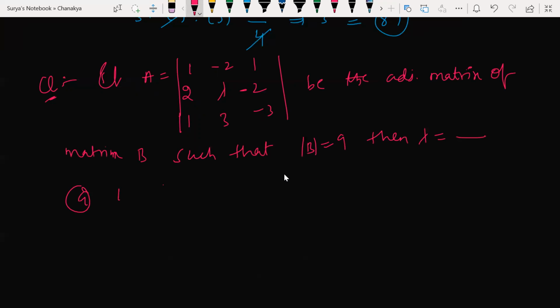Option A 1, option B minus 39 by 2, option C 23 by 2, option D minus 77 by 4.